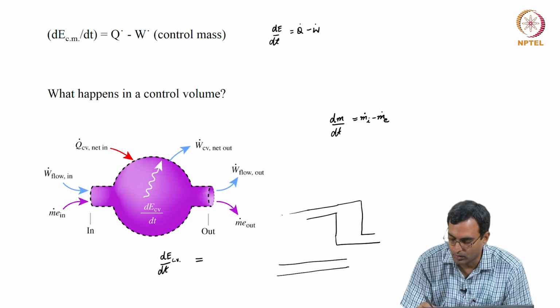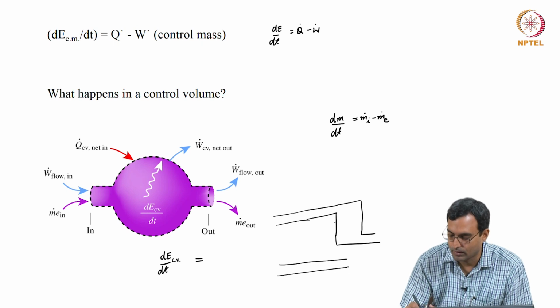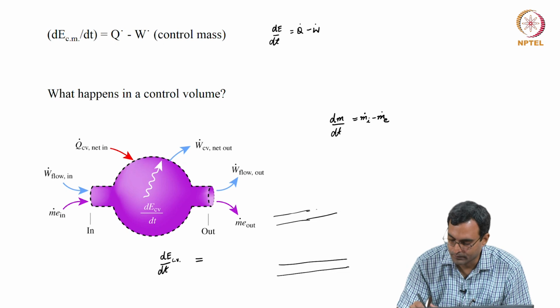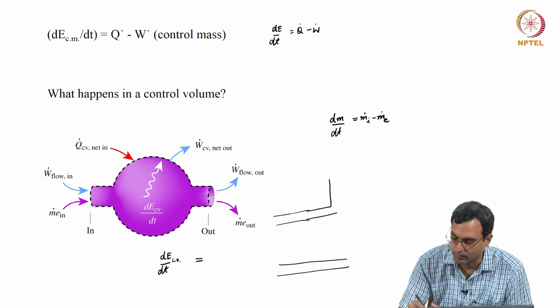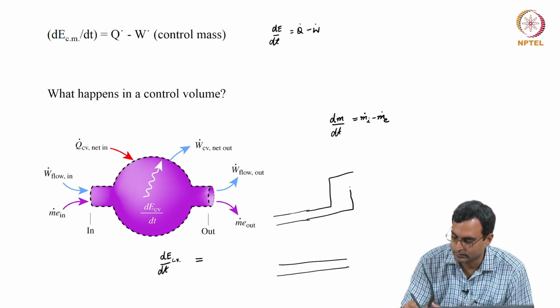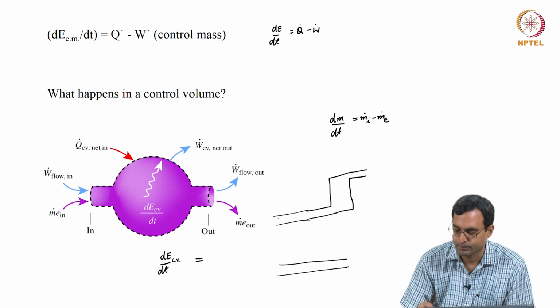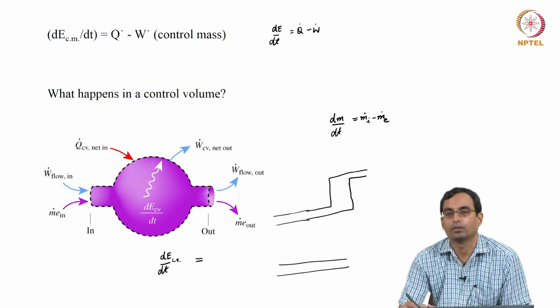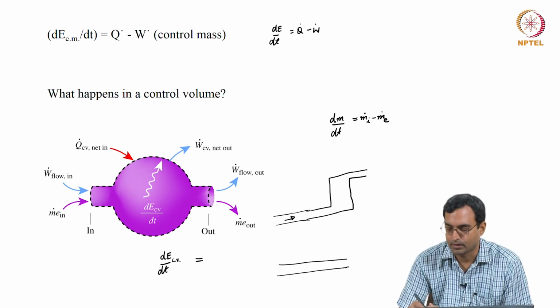So, I have a long pipe, or let us say I draw a slightly different control volume where it is easier to visualize. So, let us say I have a control volume of this kind. I have liquid here, and this liquid does not want to go into my control volume, but I am pushing it and making sure it goes in and goes out here.